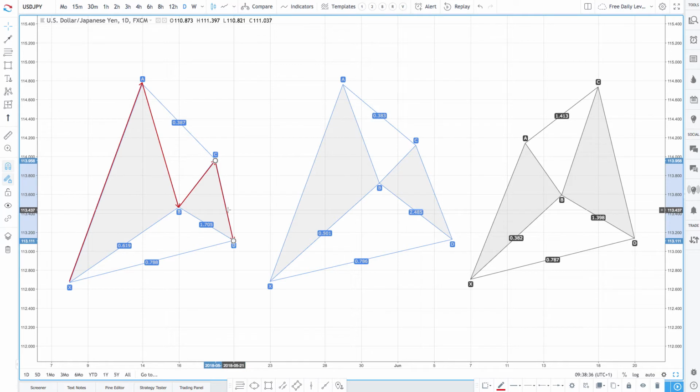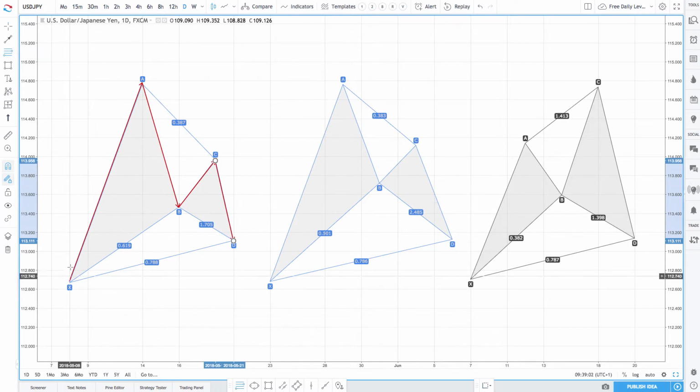This A, B, C, D leg, I don't think it's actually that necessary. Yes, maybe when you're learning and trying to set up trades. But the X to A leg is very important, and this is what I teach on the course, and there's also a free video on the introduction to supply and demand.